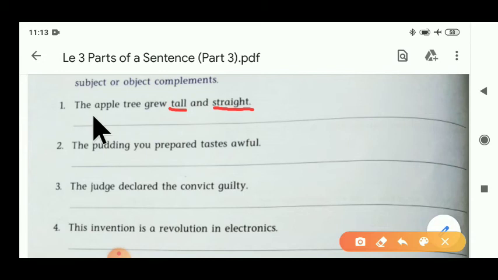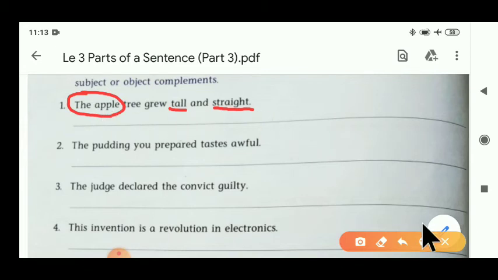They describe the subject apple. They are used to describe the subject, the apple. So here tall and straight are subject complements.